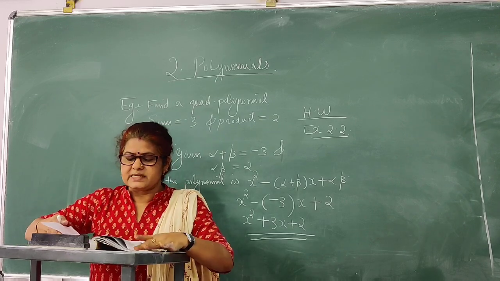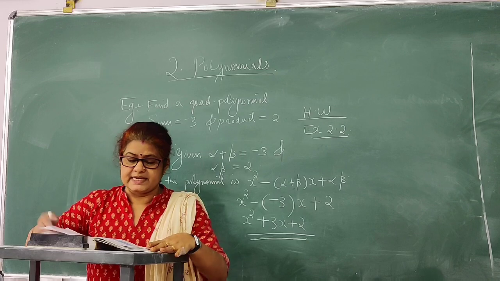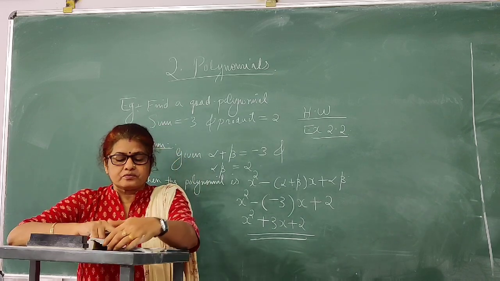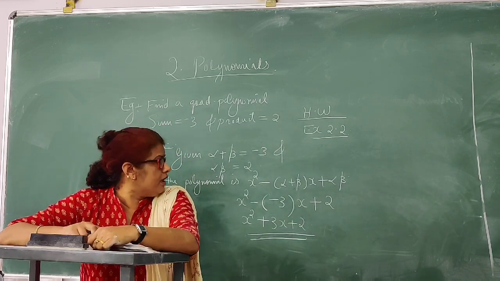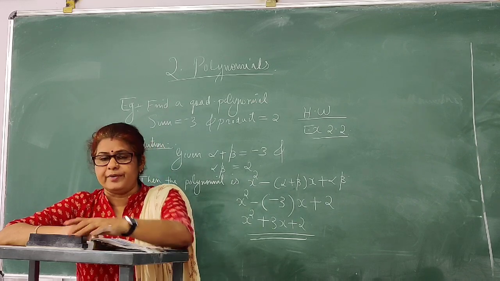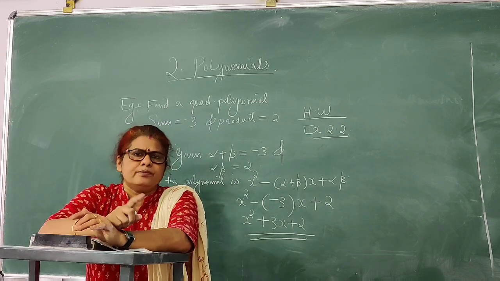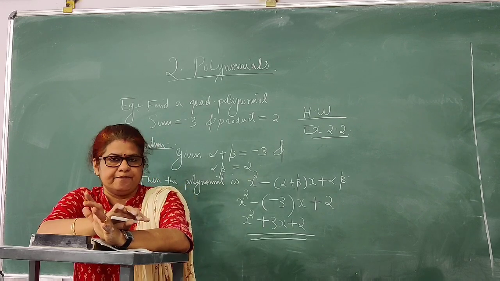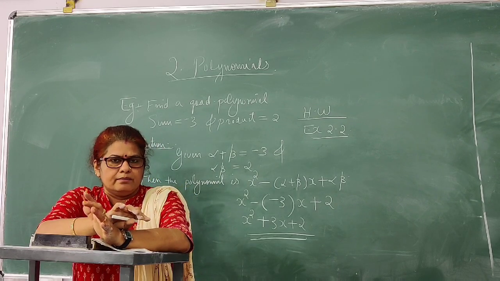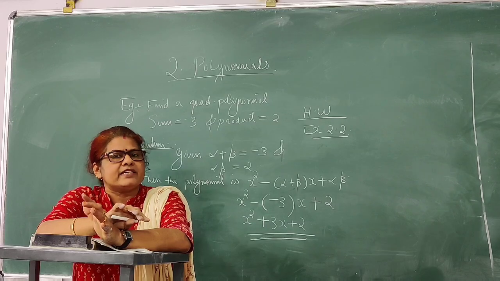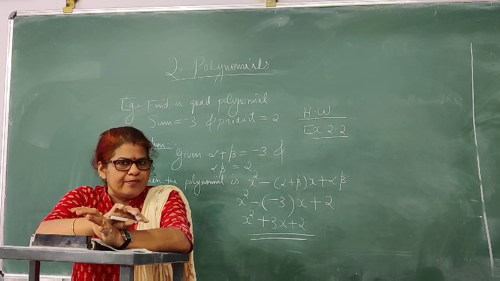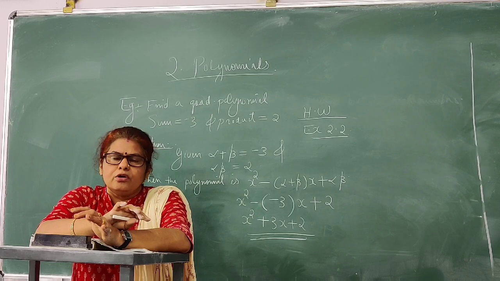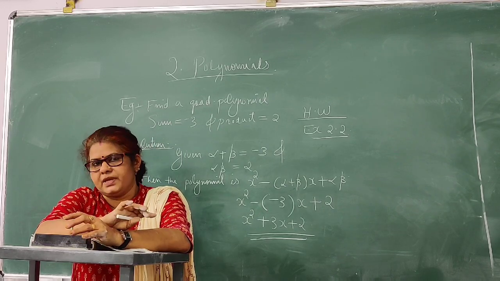And you'll be thinking why exercise 2.1 is not discussed. That is about the geometrical meaning of the zeros of polynomials. And geometrical meaning means it is the graphical representation. It is not from the examination point of view. You won't be asked to draw graphically the polynomials.